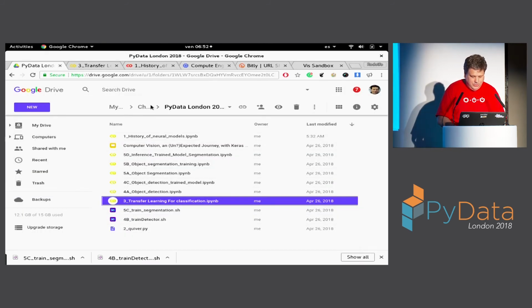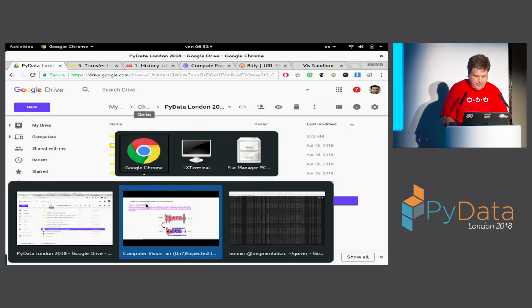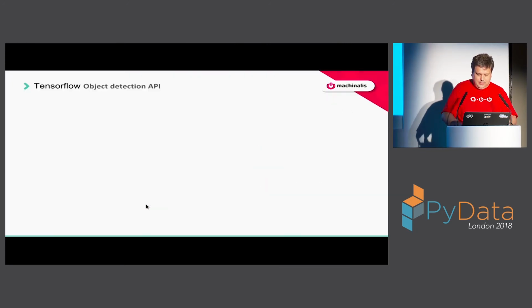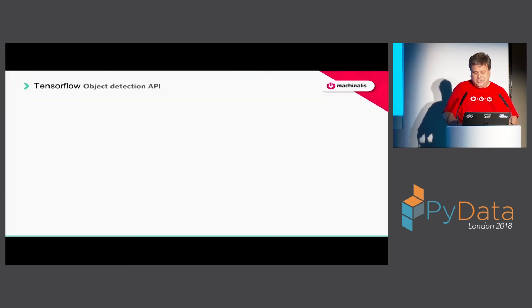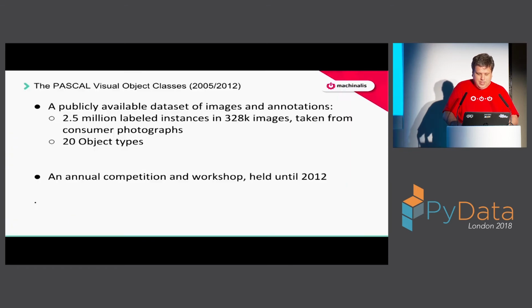Okay, let's go to detection. For the detection problem, what I decided to go for is the Tensorflow Object Detection API. First, an introduction to the dataset that allows us to get to this point.